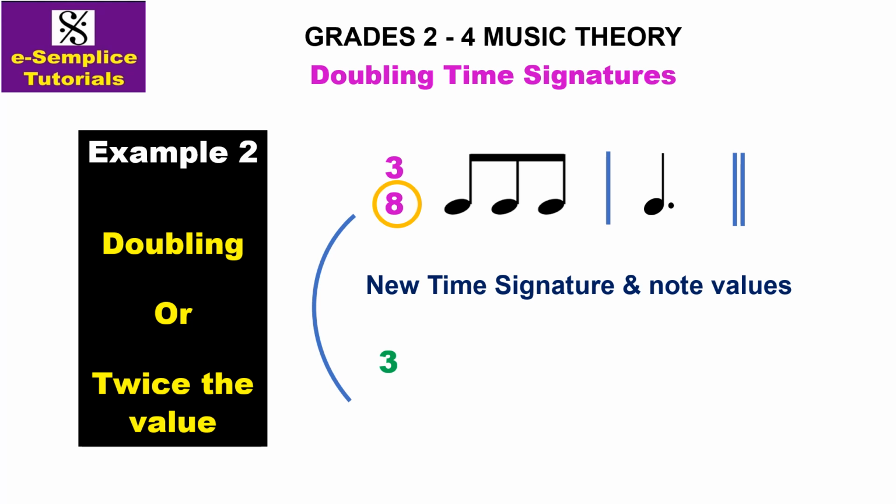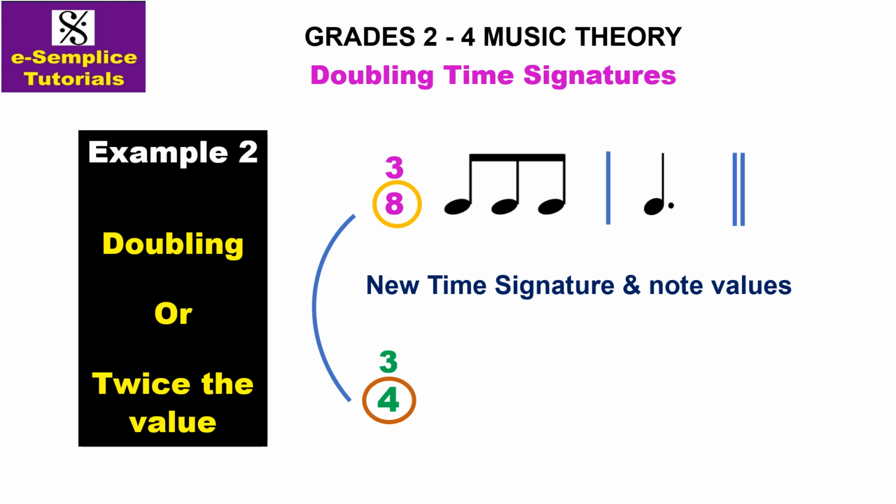So what you are doing here, you are doubling a quaver. You are making a quaver twice the value. If you double a quaver, the note you would have is a crotchet. So the time signature changes from 3/8 to 3/4.